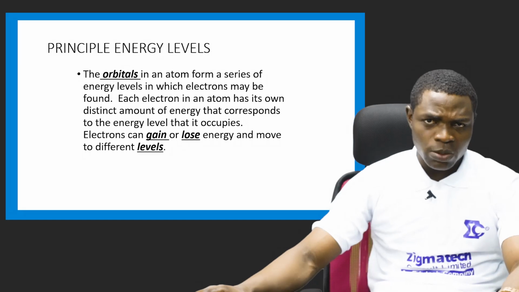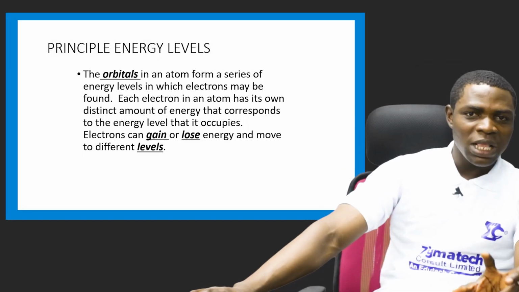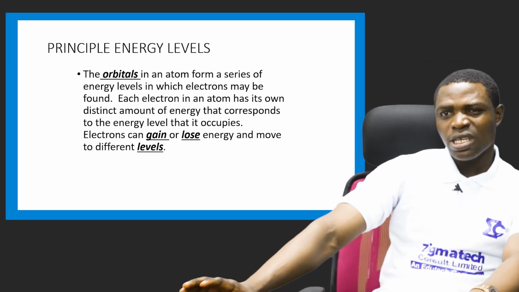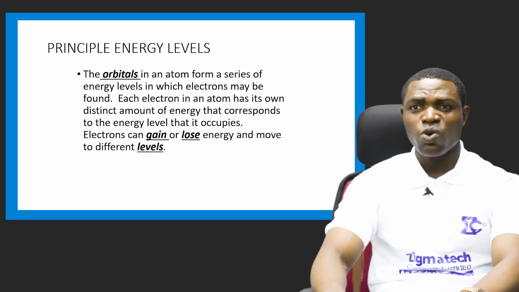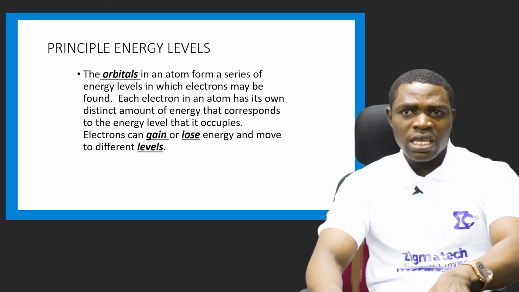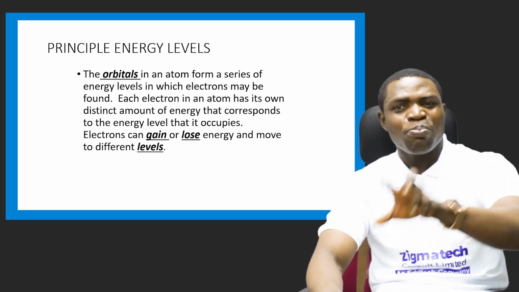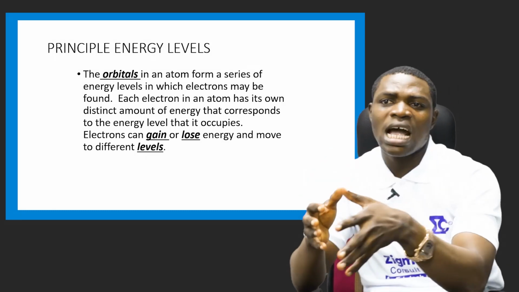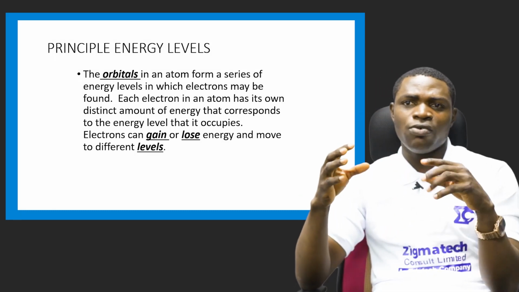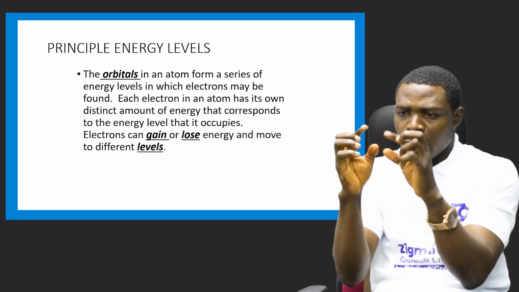Let me take you through a principle we apply when we are trying to trace the pattern and the trend in the periodic table. We call it PEL, the principal energy level. The orbitals in an atom form a series of energy levels in which the electron may be found.